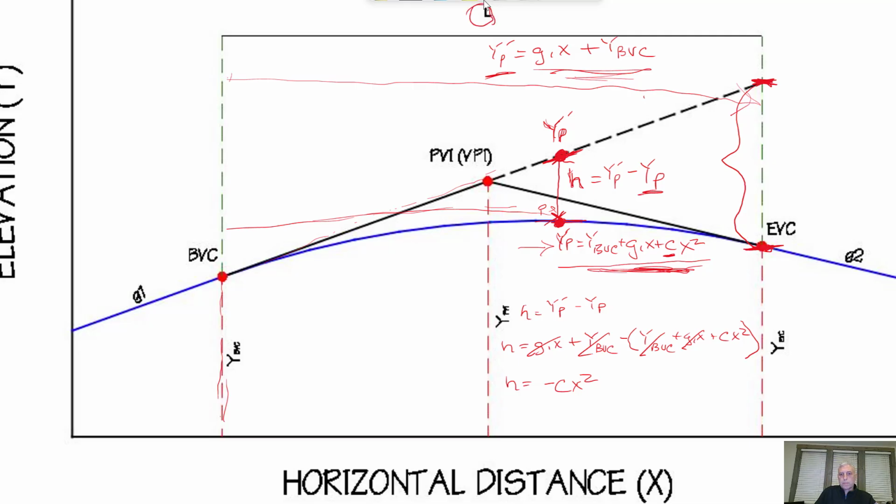That's our L. So then we can substitute L in for x, and we get H equals minus C L squared. So up here we have H equals minus C L squared.